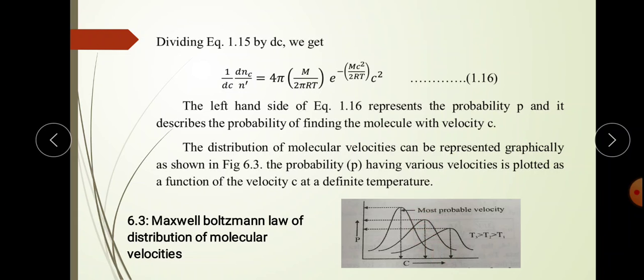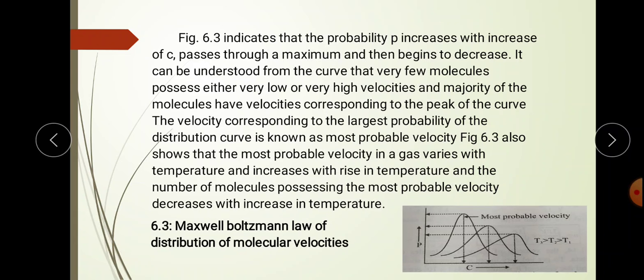When we consider the temperature T3, the most probable velocity is at this point. So with respect to the temperature, the most probable velocity, or the probability of having a particular velocity, can differ. Figure 6.3 indicates that the probability P increases with increasing velocity, but only up to a particular limit.